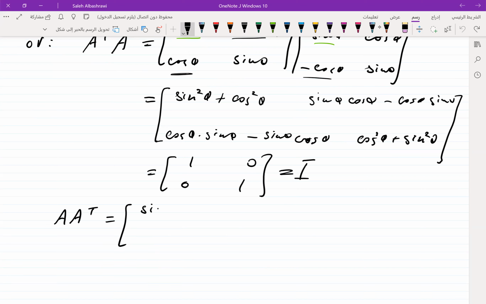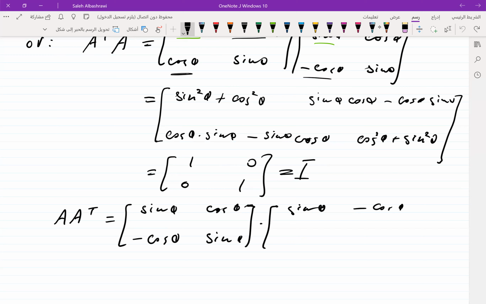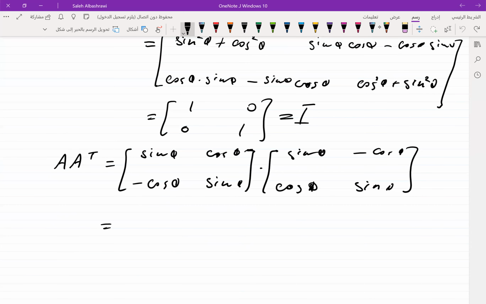That will be sine theta, cosine theta, minus cosine theta, sine theta, by the transpose of A, that is sine theta, minus cosine theta, cosine theta, and sine theta. Check this one. We'll have sine with sine, sine square, cosine with cosine is cosine square, and we will get 1.